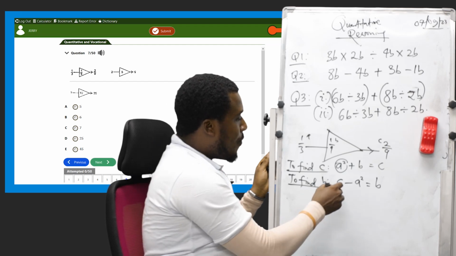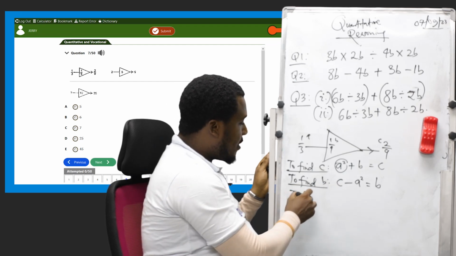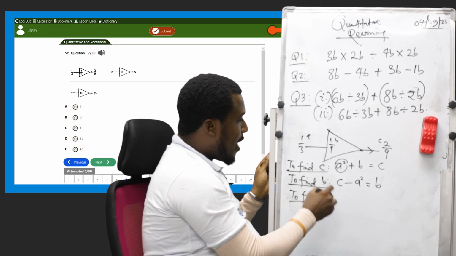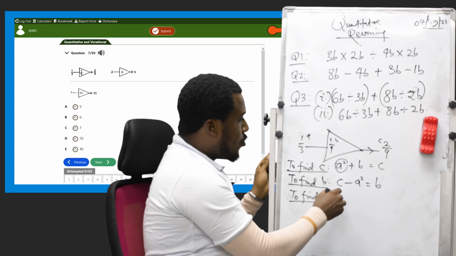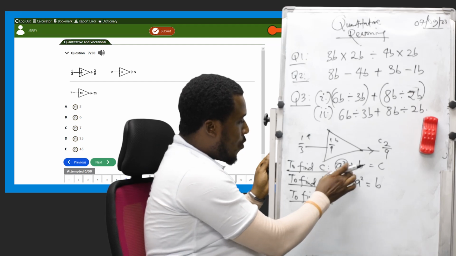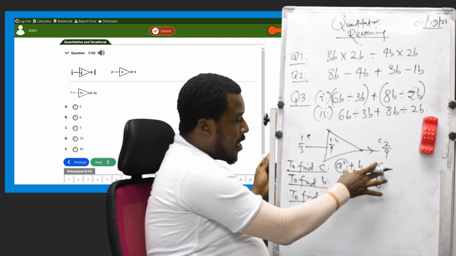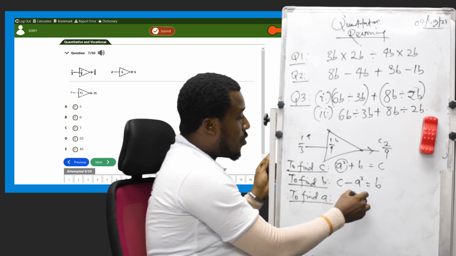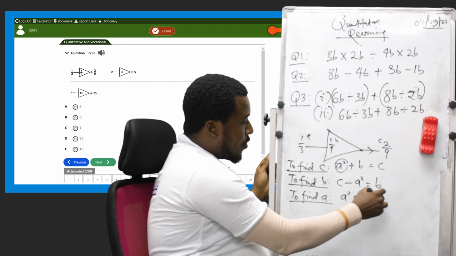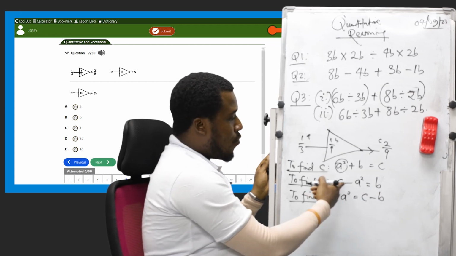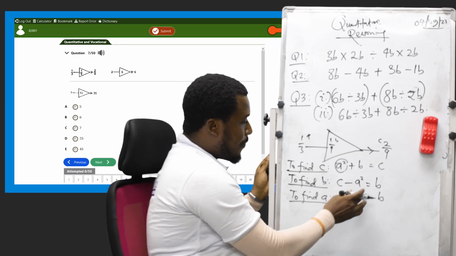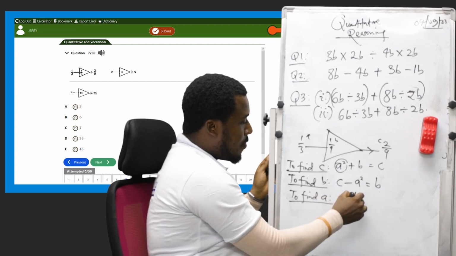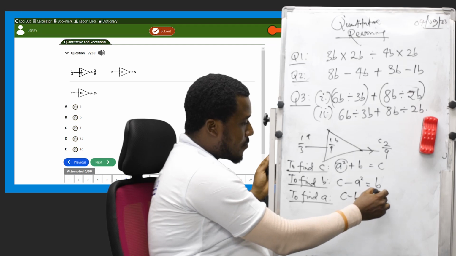That's for that one. But what about finding A itself? Now to find A, very interesting, you do A square equal to C minus B, similar to when you are looking for B. Or you put it this way, C minus B equal to A square.